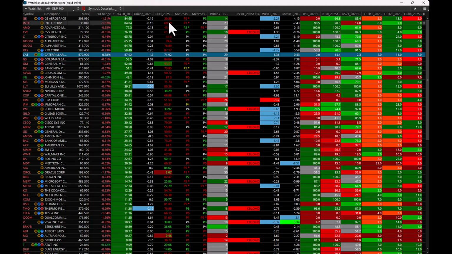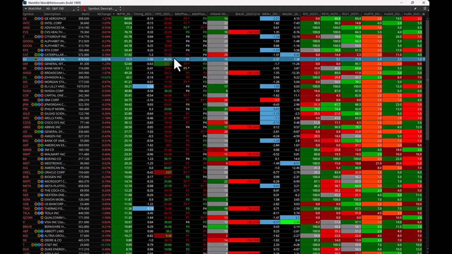And if it's red, it means that the PPO is falling. If it's green, it means that the PPO is rising. The thing that's interesting about this is if there's a green bar on the chart, it means that we are above the 90th percentile. So it's interesting. Here, if we look at GM, which we were just looking at, well, we weren't looking at that before.